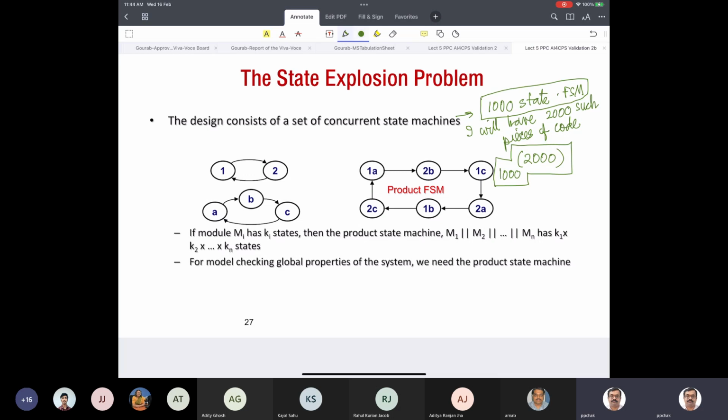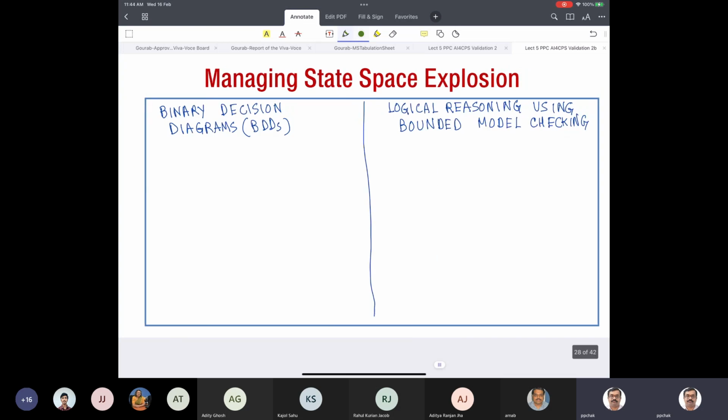So obviously, if you want to practically implement these things, you won't even be able to store them in the memory. So there comes this very interesting challenge which came to solve the state explosion problem. There were two approaches.